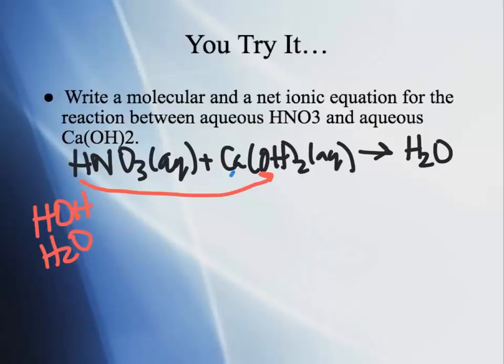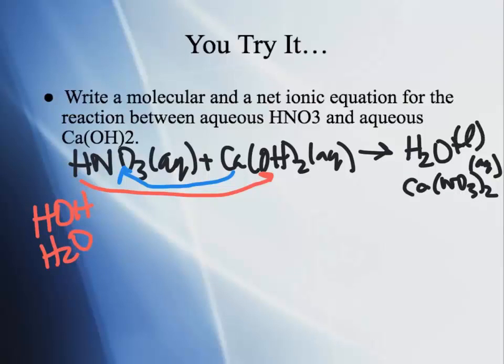He's going to drop hydroxide and hook up with NO3 now, so we're going to have Ca(NO3)2, and that is going to stay aqueous. So there is our molecular equation. Let's put an L here to make sure we know that it is pure water. And what we need to do now is also the net ionic equation.